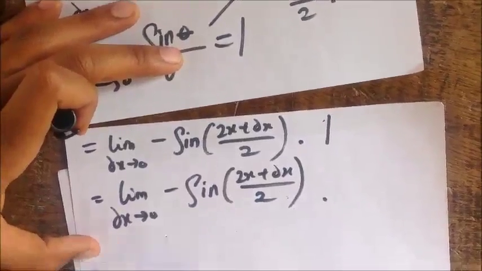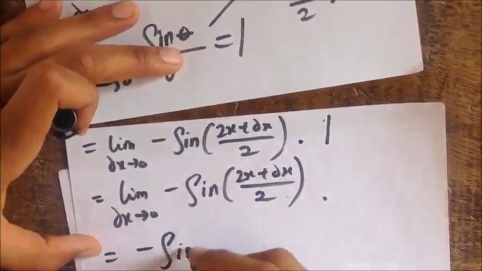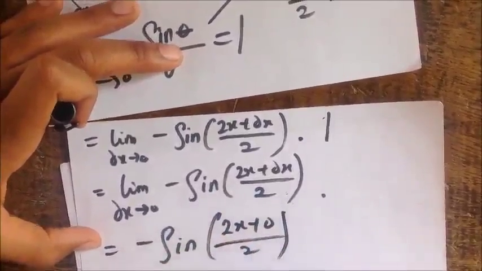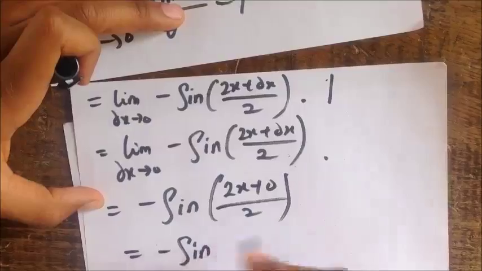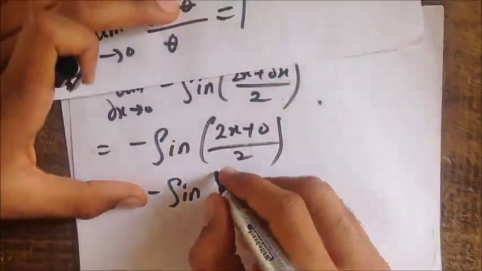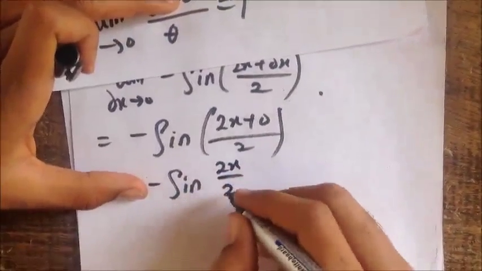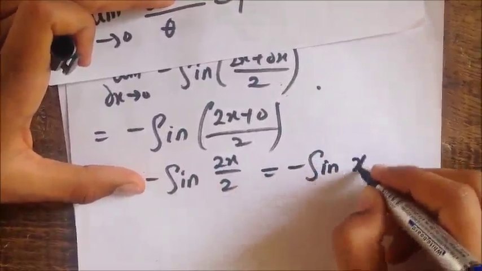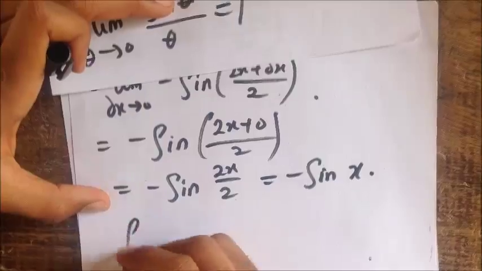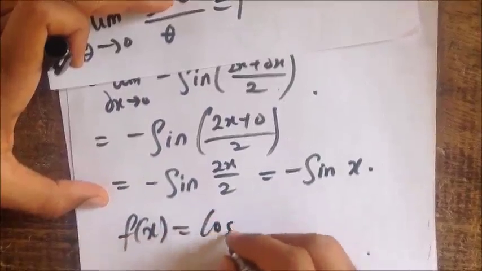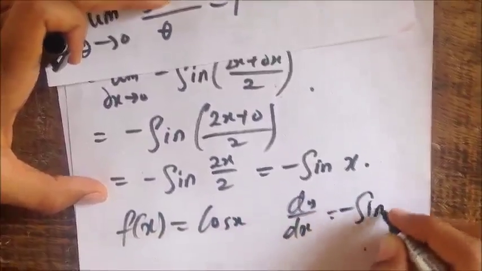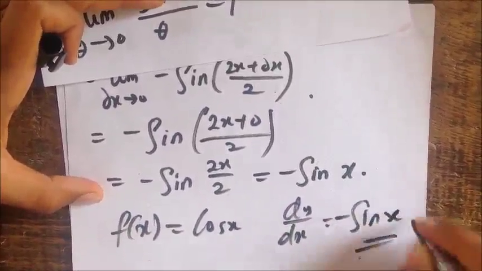So I can take my limit now. This is just minus sine of (2x plus 0) divided by 2, which is minus sine 2x divided by 2. So this is just minus sine x. It means if f of x is equal to cos x, then dy/dx is equal to minus sine x. Thank you.